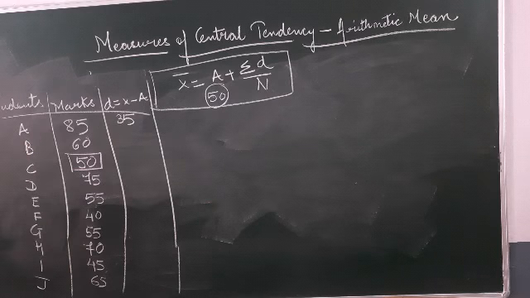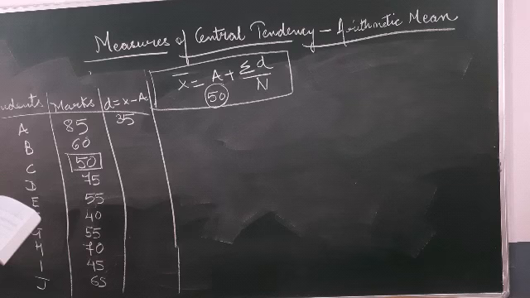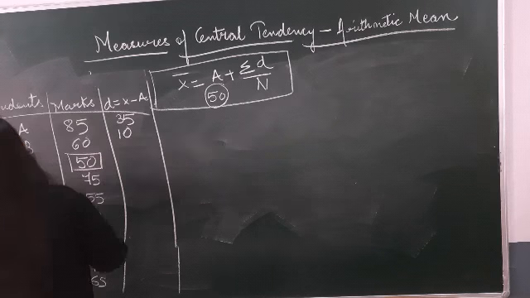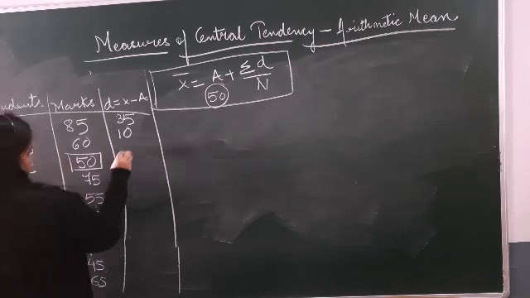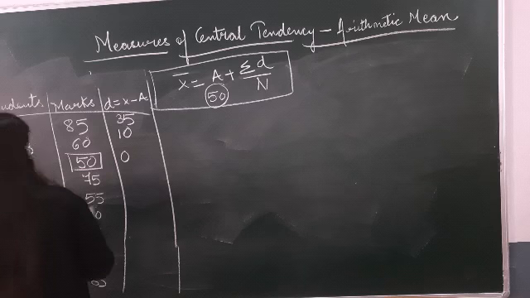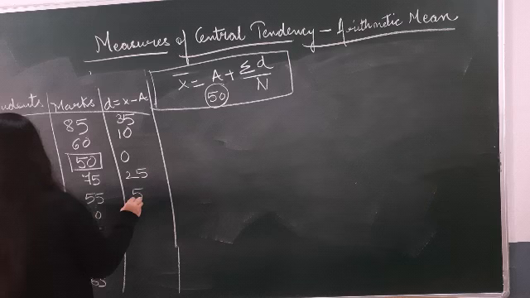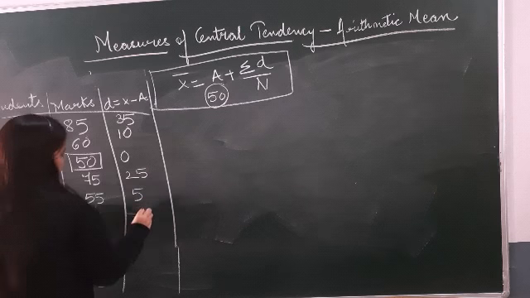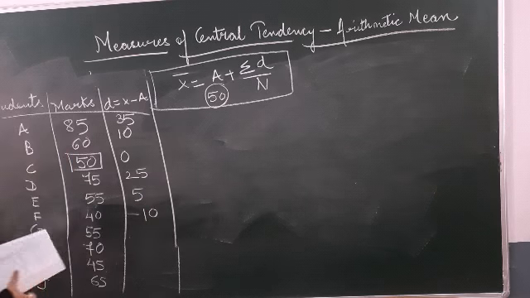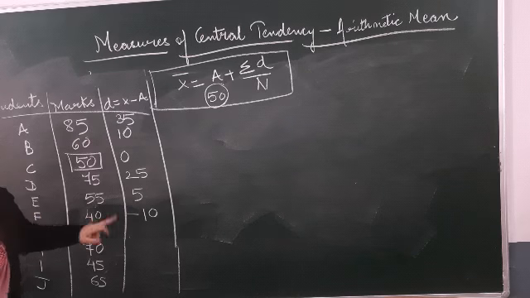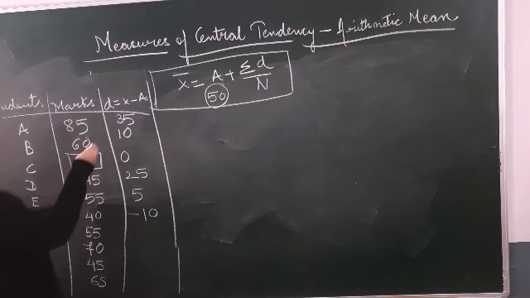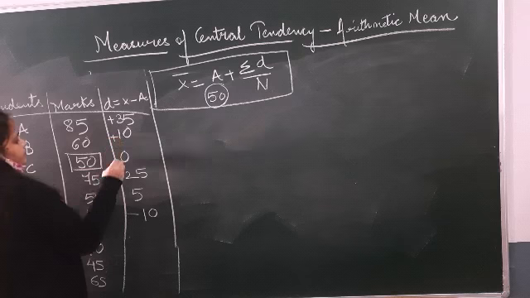Tell me the next answer. 60 minus 50, how much? 10. The next one? 0. Next? 25. Next? 5. Next? Minus 10. Now in your textbook, in these numbers it is given plus because the answer is not coming in minus.